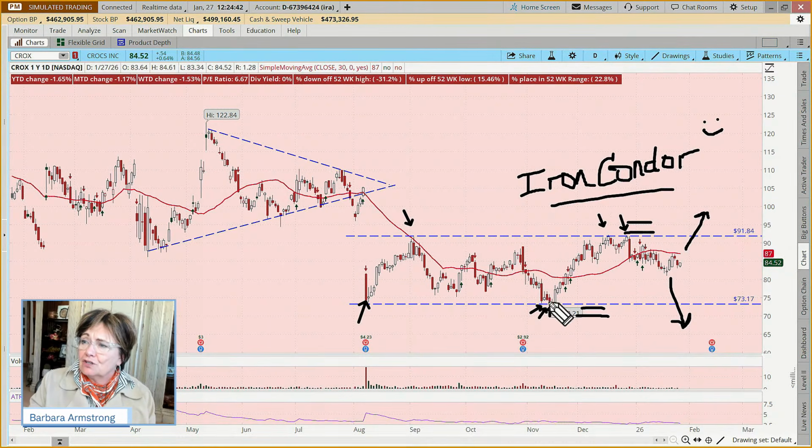Now, if you're a stock trader, some might say, what I'm going to do is buy the stock down here. I'm going to sell it when it gets up here. Or I'm not going to sell it, I'm going to sell a covered call on the position. I'm going to buy it when it bounces here, sell a covered call. And then if it comes back down to this support level, I'll buy back the covered call.